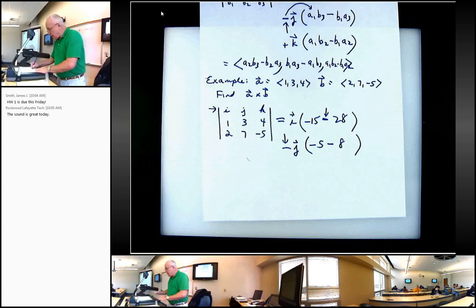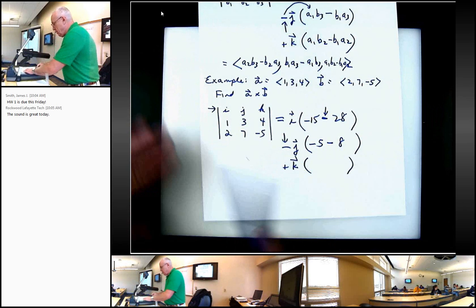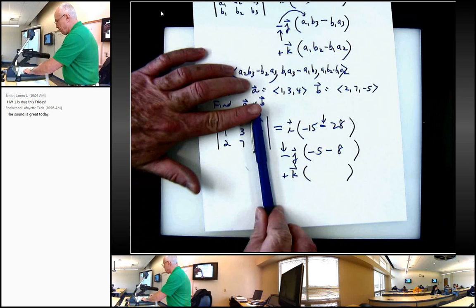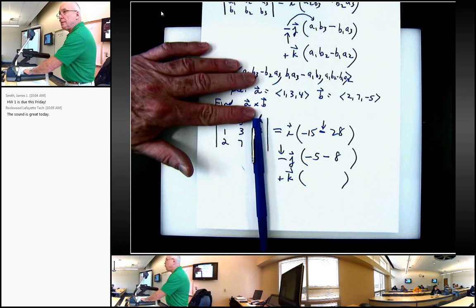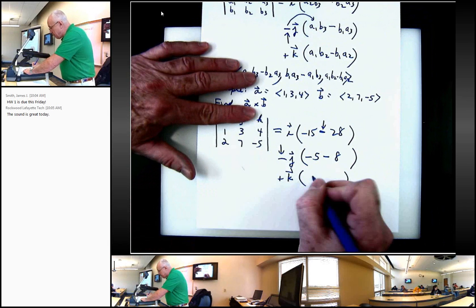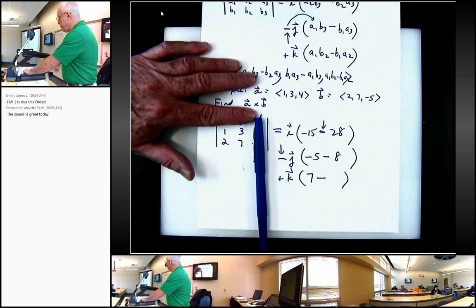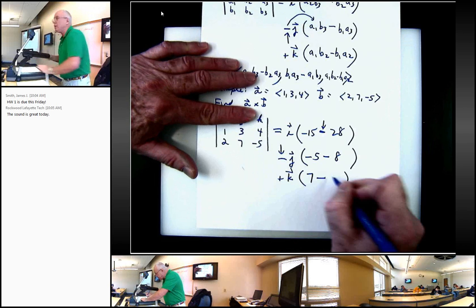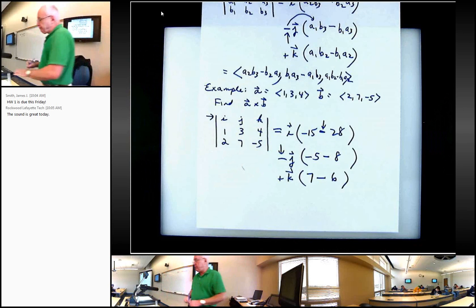And then we go to our last component, plus K. And again, cross out the appropriate rows and columns. We have 1, 3, 2, and 7. So we take 1 times 7 is 7, minus, put that minus down right away, 2 times 3 is 6. Okay, so now we just simplify our numbers here.